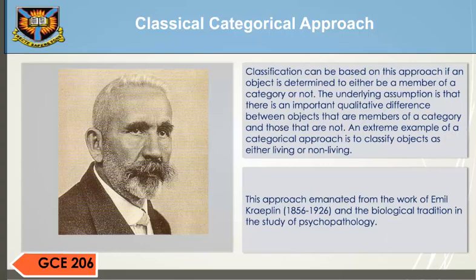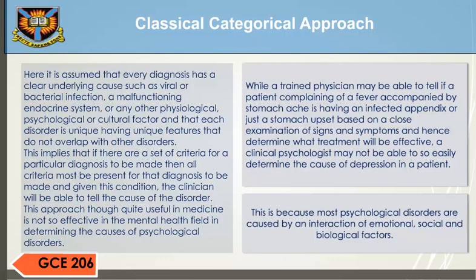This approach emanated from the work of Emil Kraepelin, 1856 to 1926, and the biological tradition in the study of psychopathology. Here it is assumed that every diagnosis has a clear underlying cause, such as viral or bacterial infection, a malfunctioning endocrine system, or any other physiological, psychological, or cultural factor, that each disorder is unique, having unique features that do not overlap with other disorders.